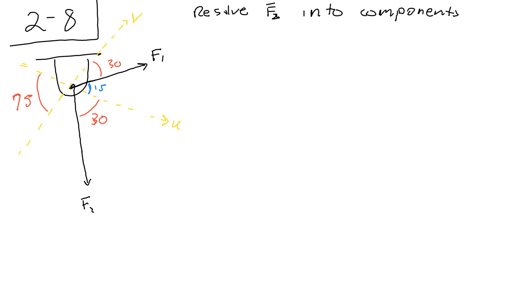We have this projection right here, that's F2 on the U, and then we have this projection over here, that's F2 on the V.